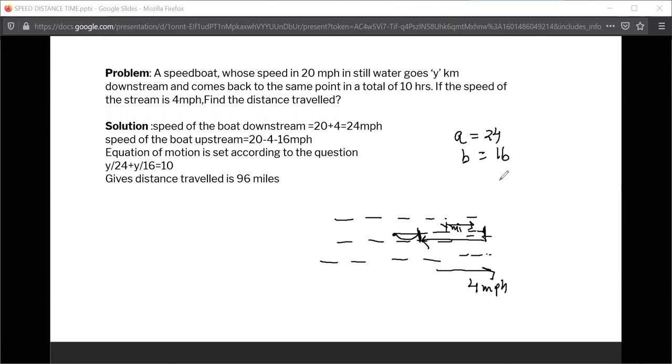The time taken to travel y distance downstream was y by 24, and time taken will be y by 16 while coming back. That was against the flow, and the total time taken is 10. If you solve this, you will get to know that y is 96 miles.